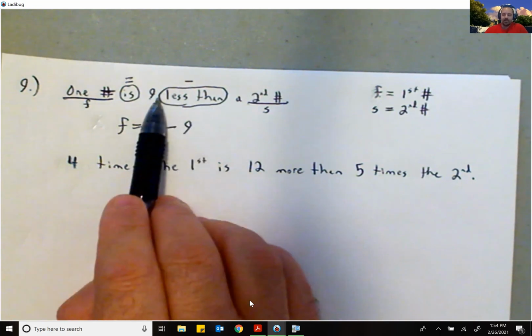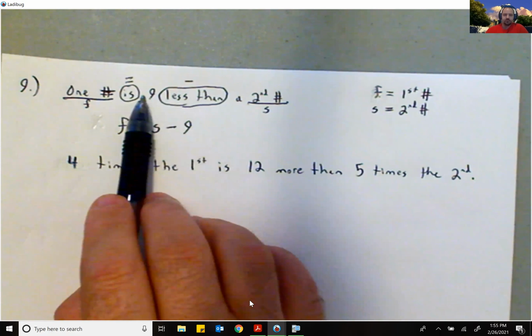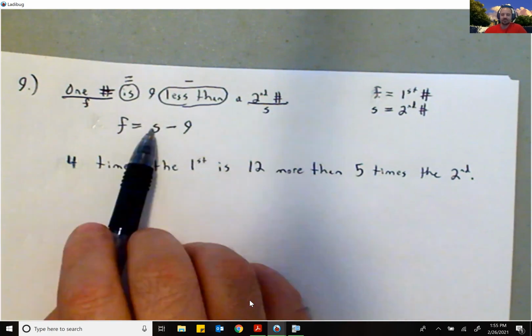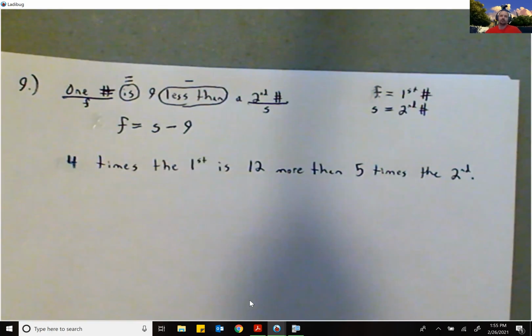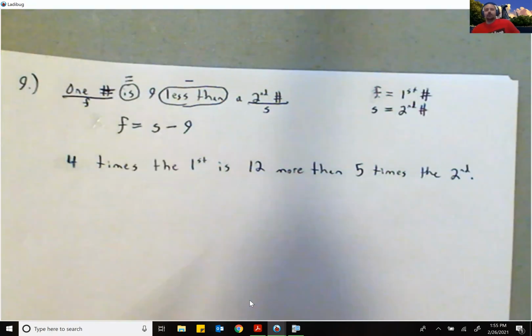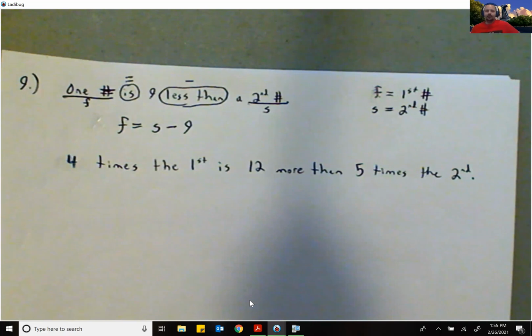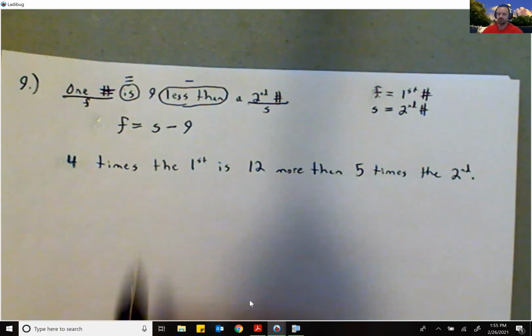It's written in reverse. That's why it is S minus 9. They're trying to throw you off. Because I will have students that say 9 minus S, and I would say, no, less thans are written backwards. So there's one of our equations.